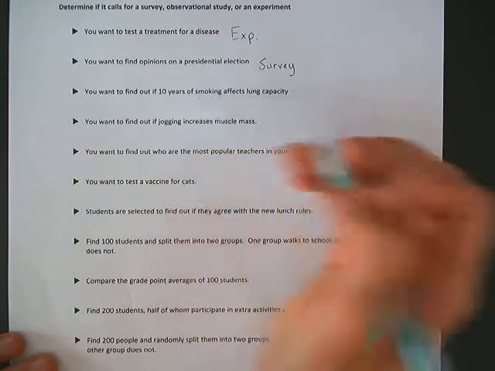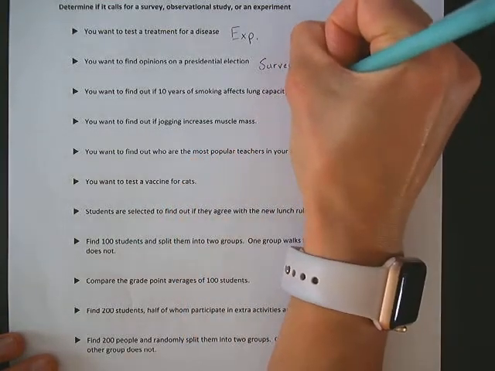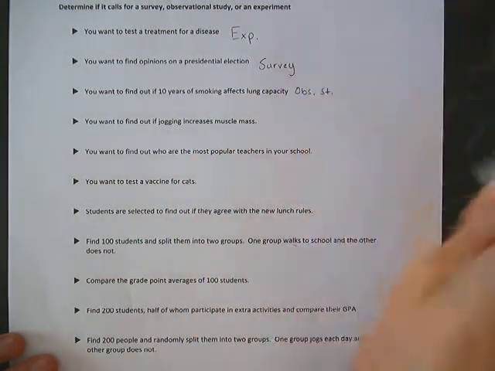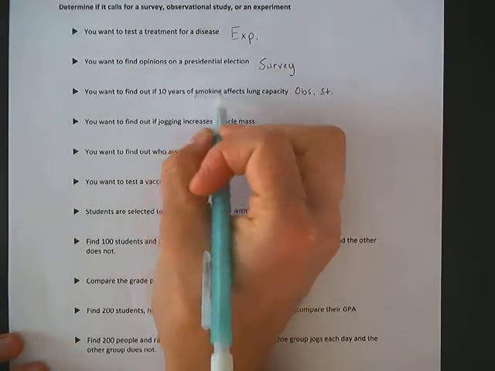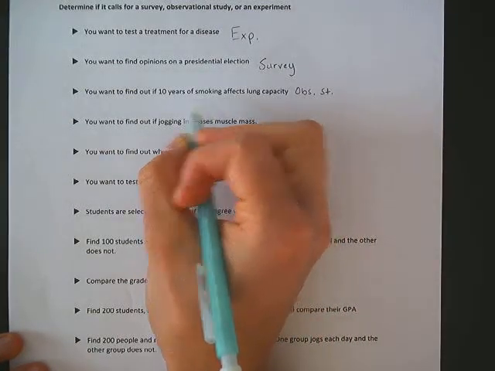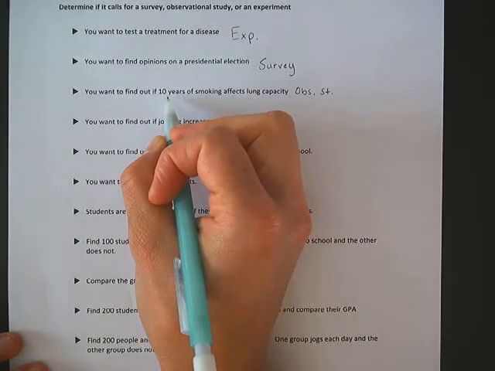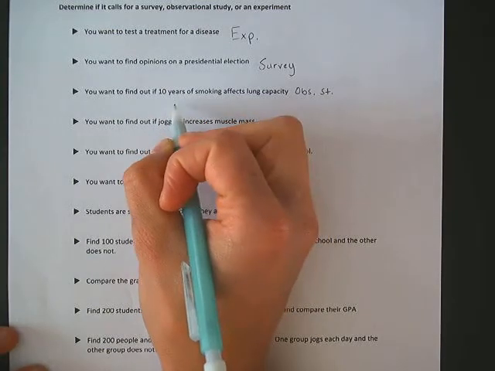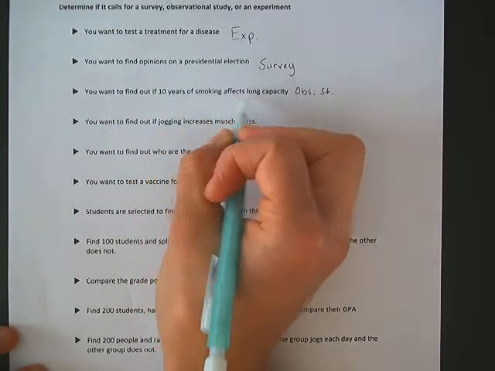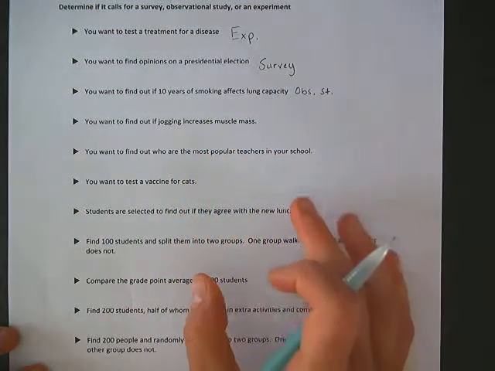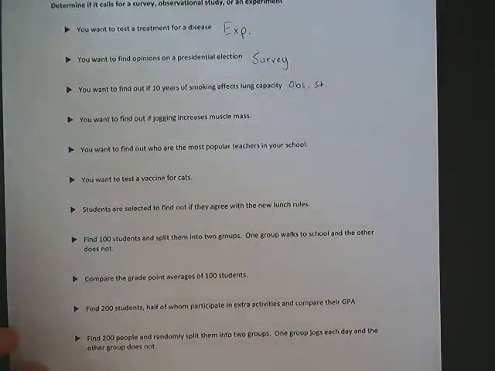So you would have to do an observational study, because you just find people that do smoke, and then observe them over 10 years and see if their lung capacity is affected. So that would be more of an observational study.